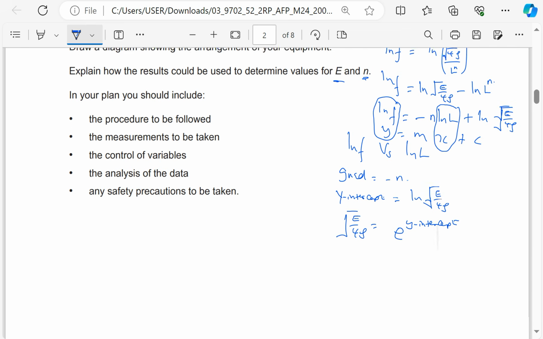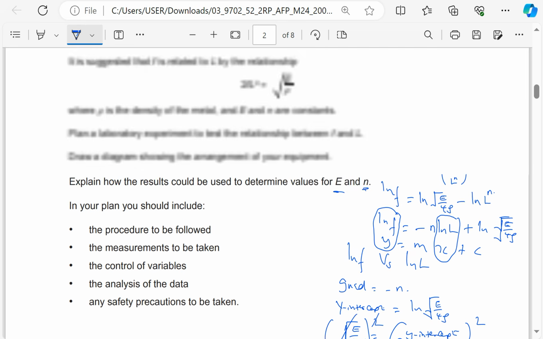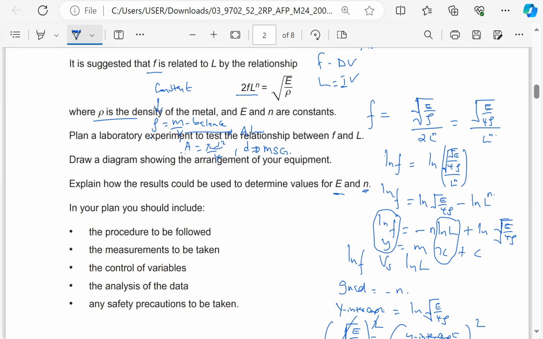Then I have to square, so E is going to be 4 times rho times e to the power 2 times the y-intercept. Why 2 times? I remove the square root by squaring both sides, so it becomes 2 times the y-intercept, and here the root cancels out. So I now know how to find E and n.